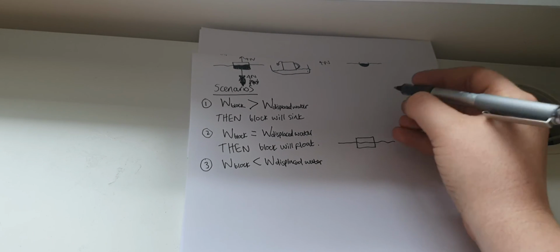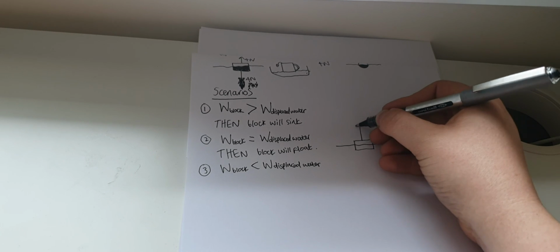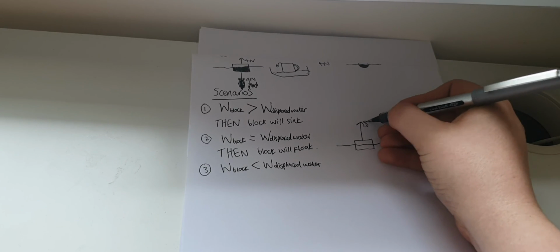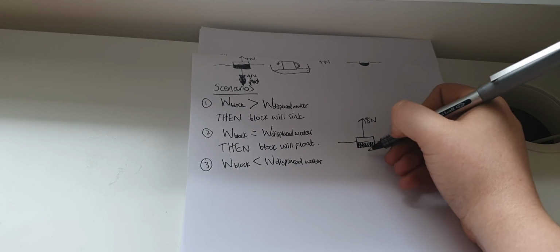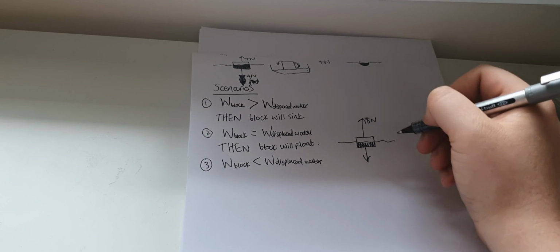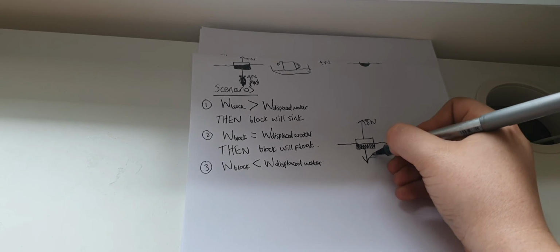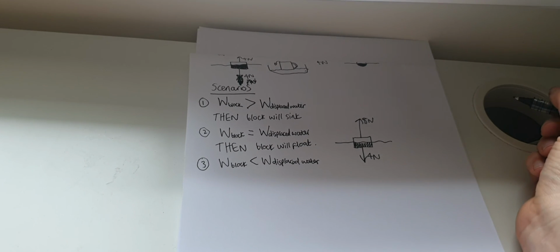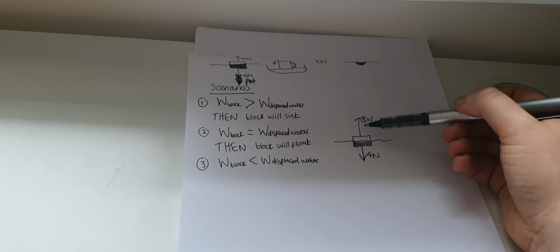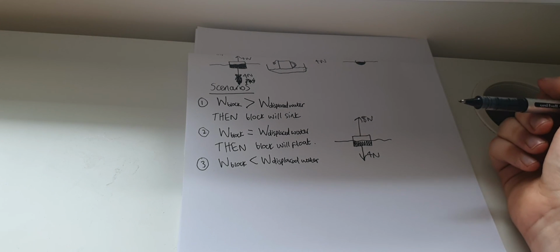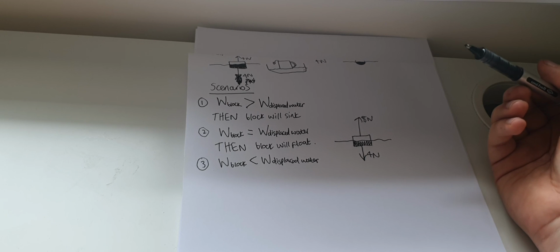here's my block. Let's say the weight of this amount of water is 8 newtons, but the block is 4 newtons. That's impossible. Okay, because the resultant force in this scenario would be 4 newtons upwards, and if you've got a resultant force, something is going to happen to that block.